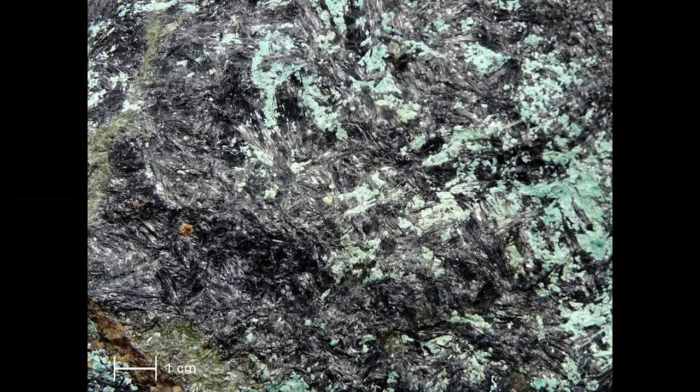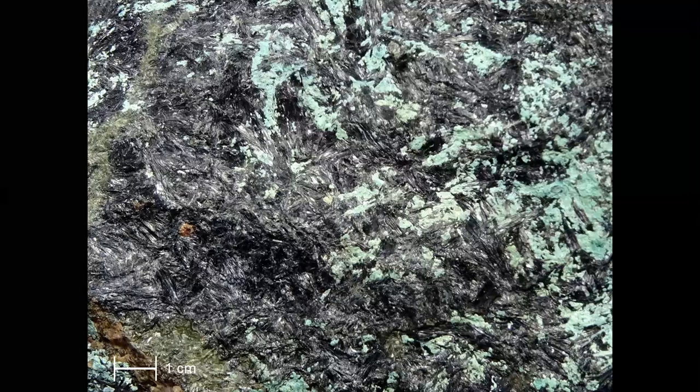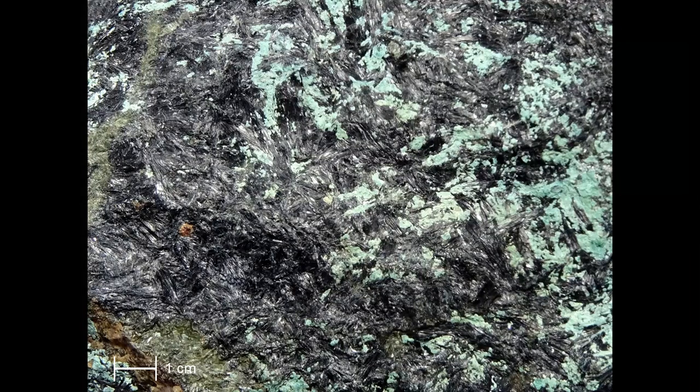It's quite a high temperature and high pressure facies. But the presence of this mineral, this amphibole glaucophane, is the identifying mineral for the blue schist facies metamorphic grade of rock. And this is glaucophane.